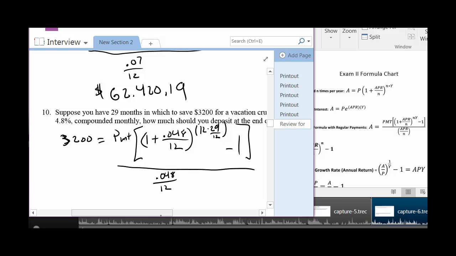Okay, so what I want to do then is I want to calculate all the stuff in the parentheses first, divide it by that 0.048 divided by 12, and then take that number divided by 3,200.